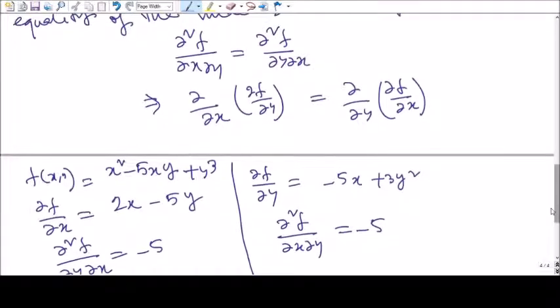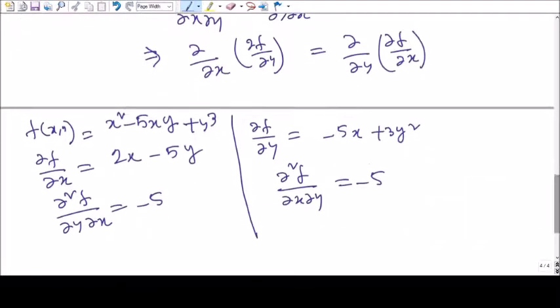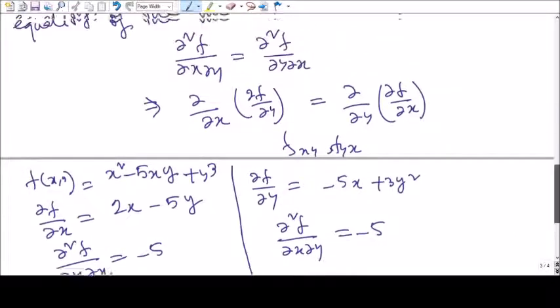These mixed partial derivatives will be equal only when the second order partial derivatives exist and are continuous. That is, when f_xy, that is ∂²f/∂x∂y, and f_yx, that is ∂²f/∂y∂x, are continuous, then we can write that the mixed partial derivatives are equal.